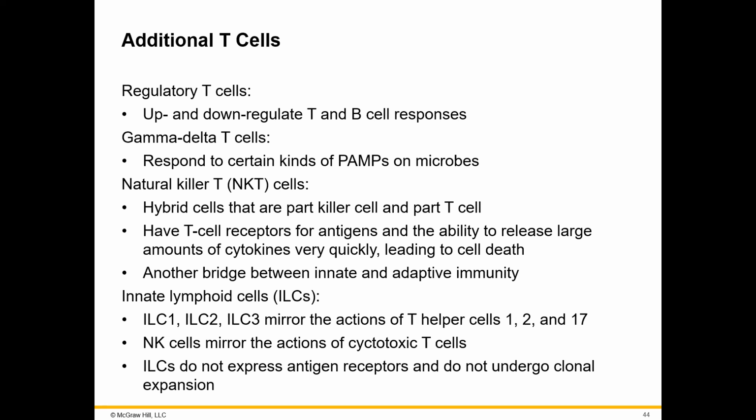And the natural killer cells, the NK cells, mirror the actions of T cytotoxic cells. An important difference, of course, is that the ILCs do not express antigen receptors and do not undergo clonal selection and expansion. So they are implicated in allergy as well as autoimmune diseases also.